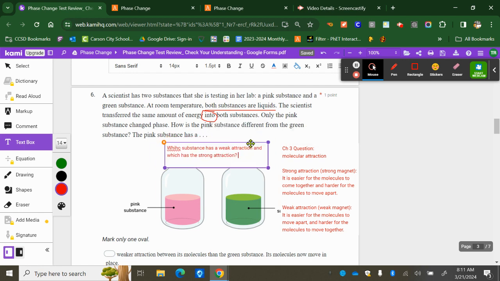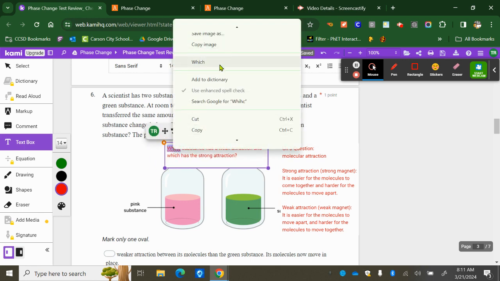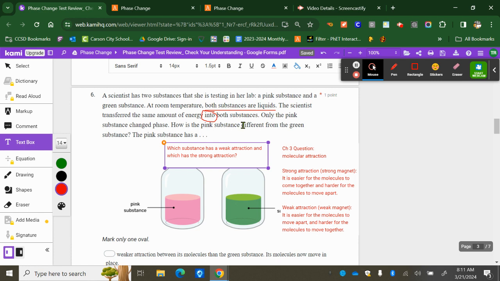Which one has the weak and which one has the strong? So thinking about that, what do we know about this information? We know that it's starting out as a liquid, and we know a liquid's molecules are moving around, okay?